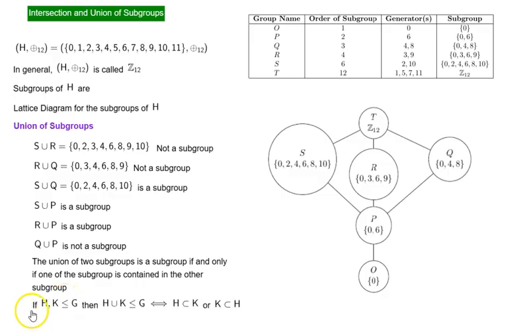So in general, we can say if H, K are subgroups of G, then H union K is a subgroup of G if and only if H is a subset of K or K is a subset of H. So that was intersection and union of subgroups.